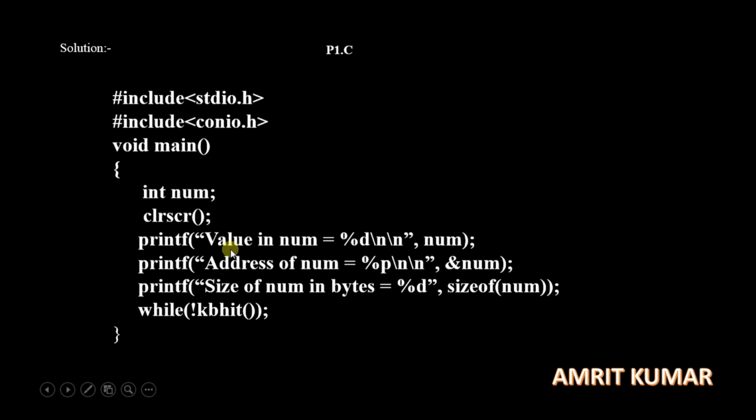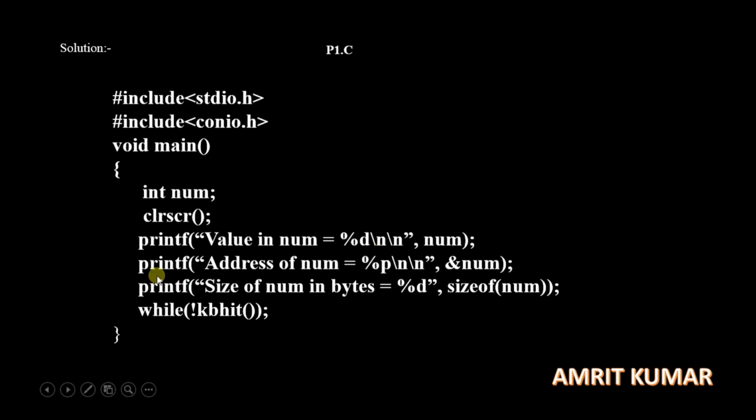That is from the standard output header file. Now moving on, it should be within the double quotes. So now we have provided Value in num equal to percentage. Percentage is the format specifier that is going to be replaced with the variable's value. Backslash n is the escape sequence, so a new line will come, and again a new line comes. So I am using 2 new lines there. Then what will happen? Value in num is equal to percentage, whatever the value in num, that will be transferred here.